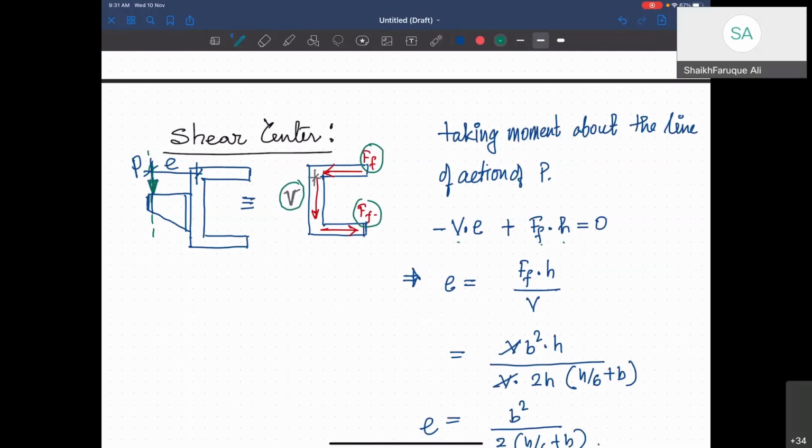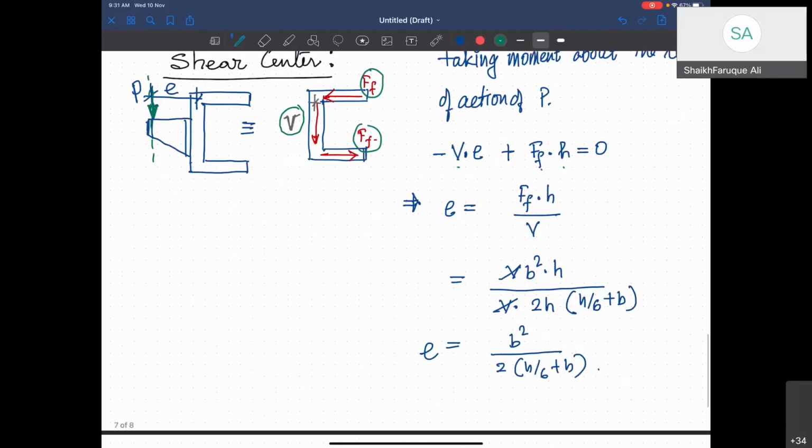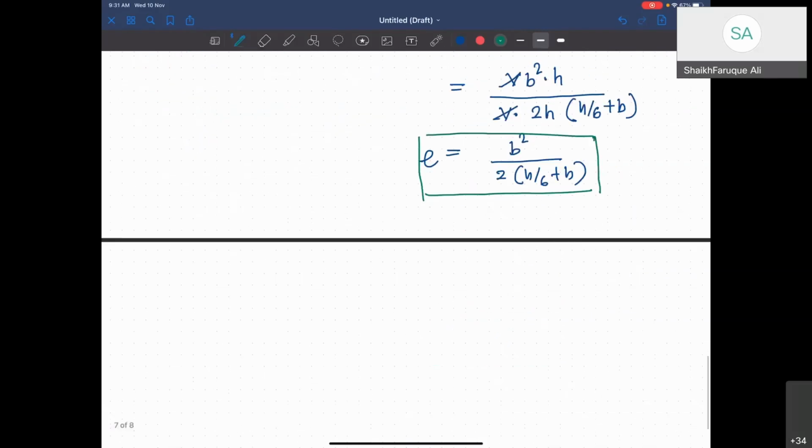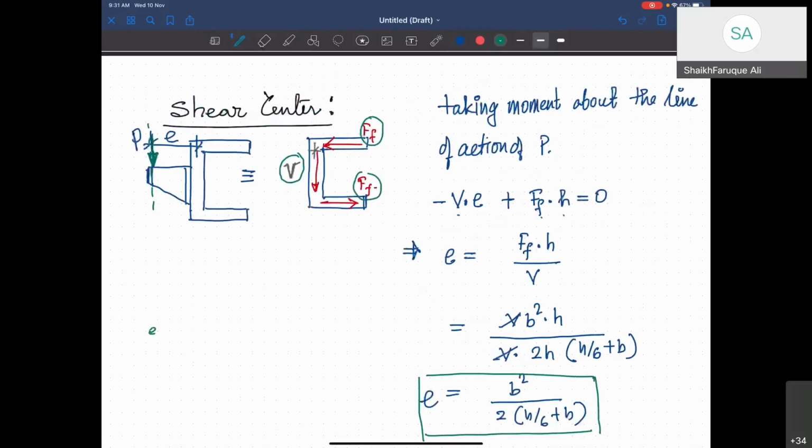And then you put all the values for V and h, and you see that e comes out to be independent of V. So e is independent of load. It is a geometric property.